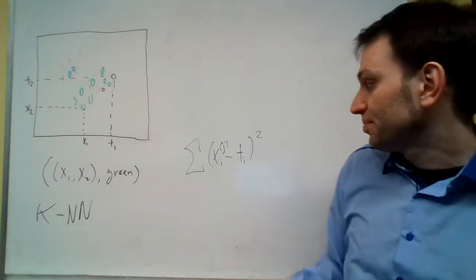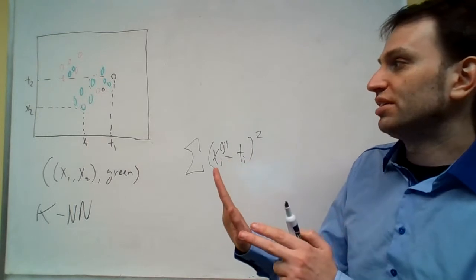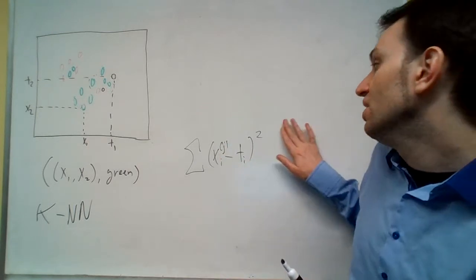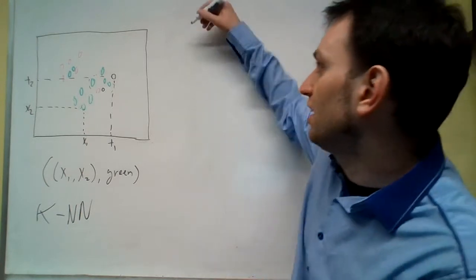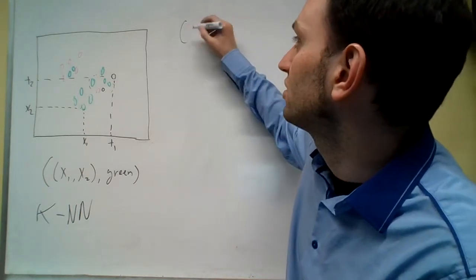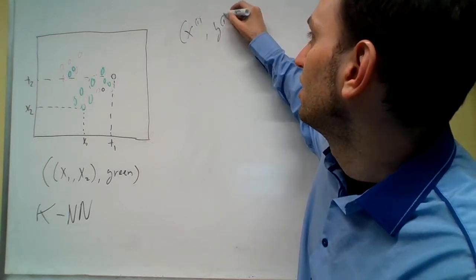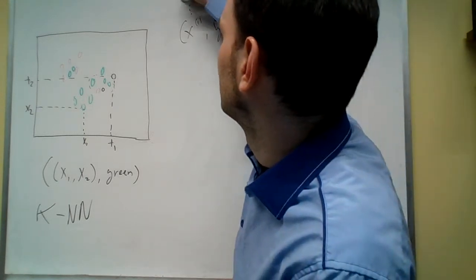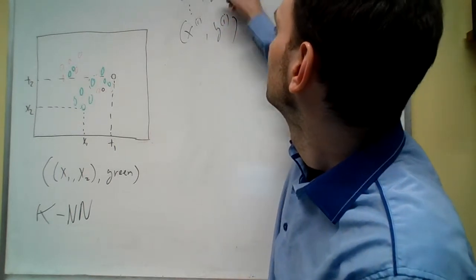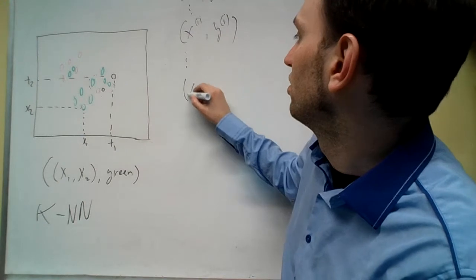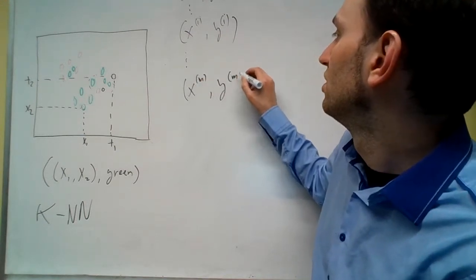So how should we put it? How can we formulate this more precisely? Let's say you have a set, and the set looks kind of like that. It's going to be x_i and y_i, and in general it's going to start from x_1 and y_1 and go until x_m, y_m.